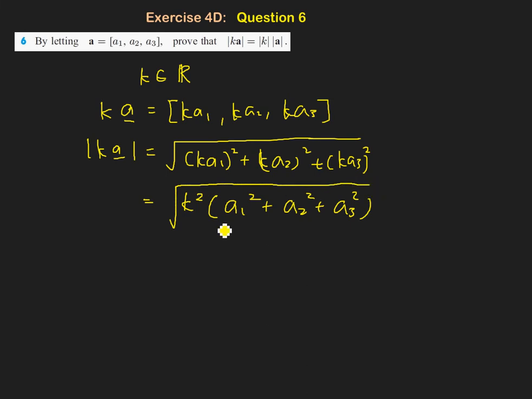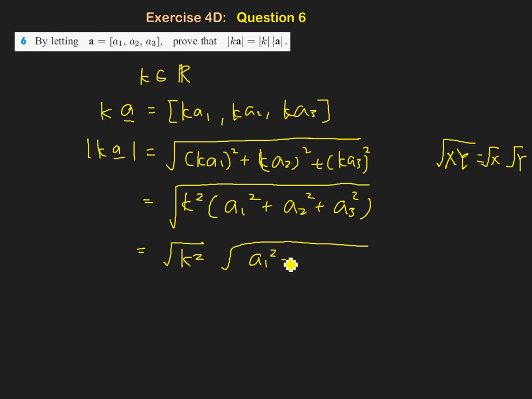Not done yet. The law of surds, a property of surds, allows you to do this. There's a property of surds like this, where the surd of xy is equal to the surd of x times the surd of y. So we're basically using that property. It's the surd of k squared times the surd of a1 squared plus a2 squared plus a3 squared.